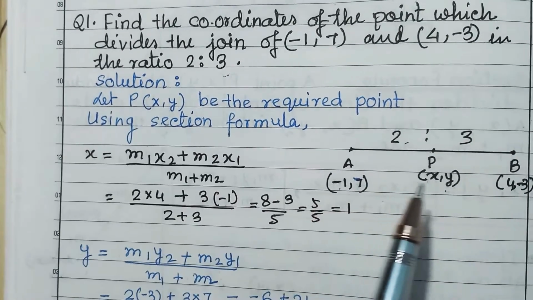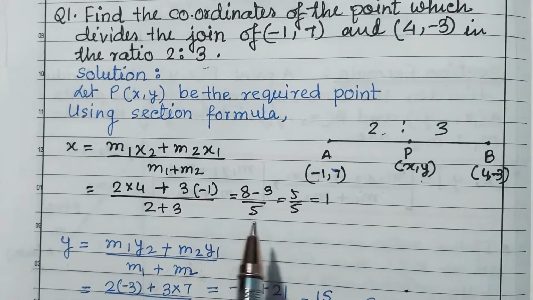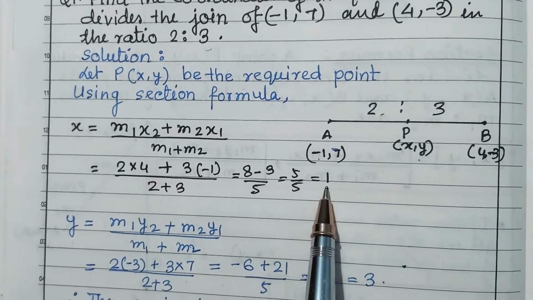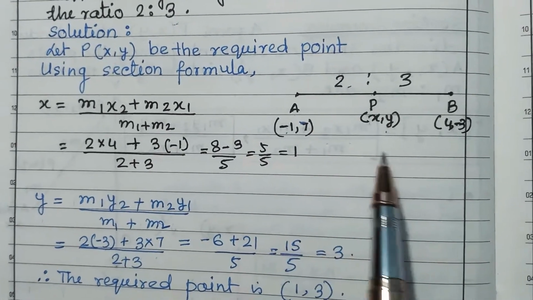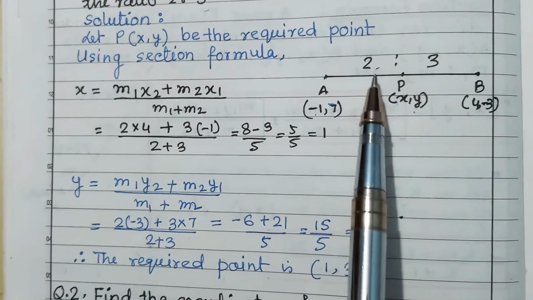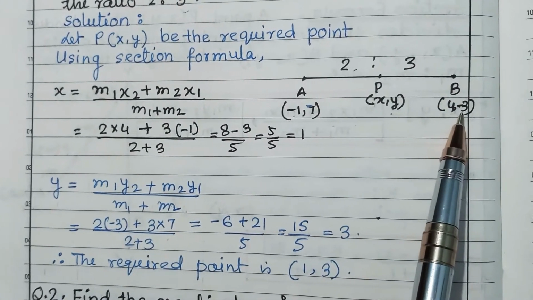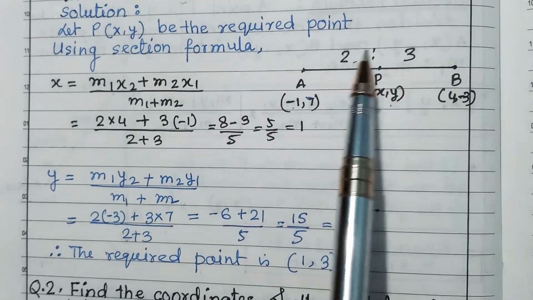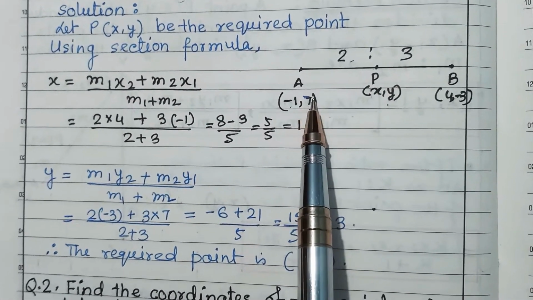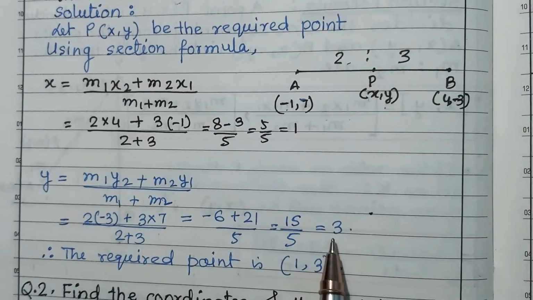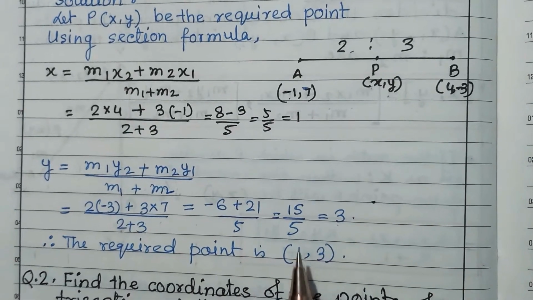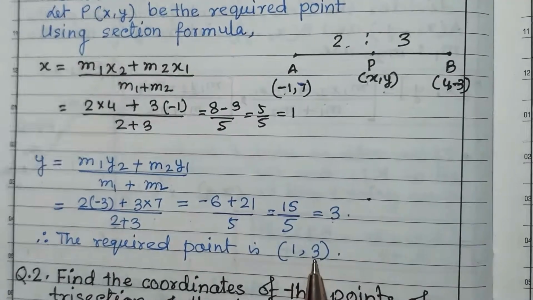You substitute the values in this way and the value of x is equal to 1. Next, y equals m1 y2 plus m2 y1 upon m1 plus m2. In this way it is 3. Then the coordinates are (1, 3).